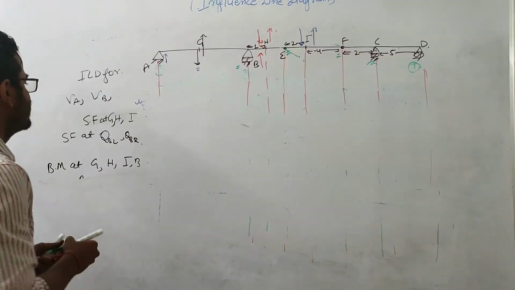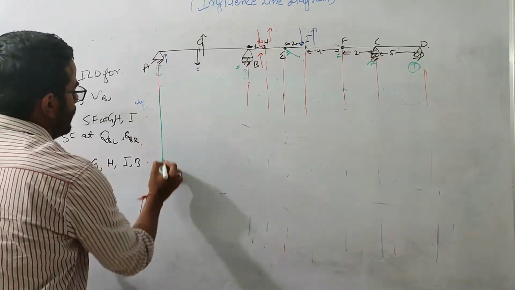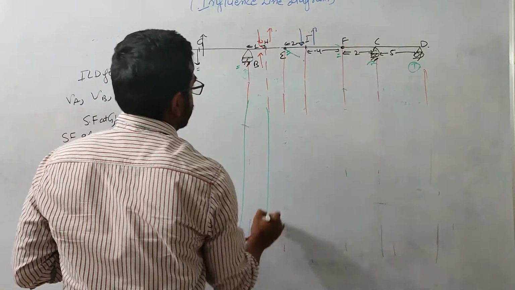Now we'll see what will be the shear force at a point just left of B. So again, we draw these lines.